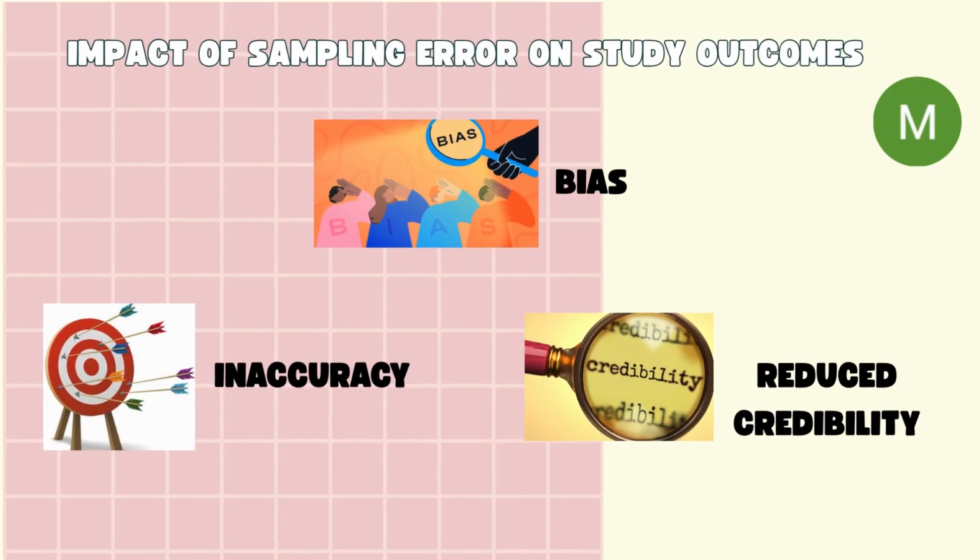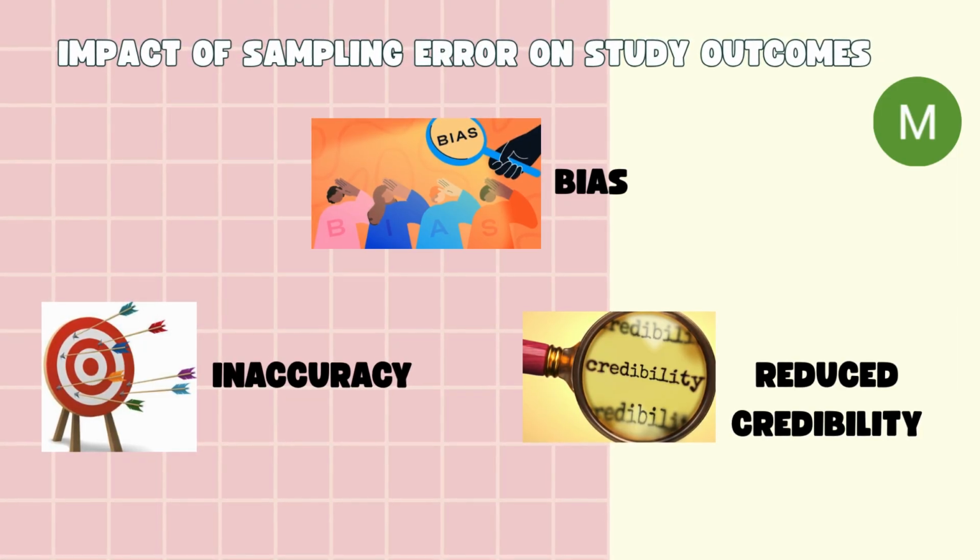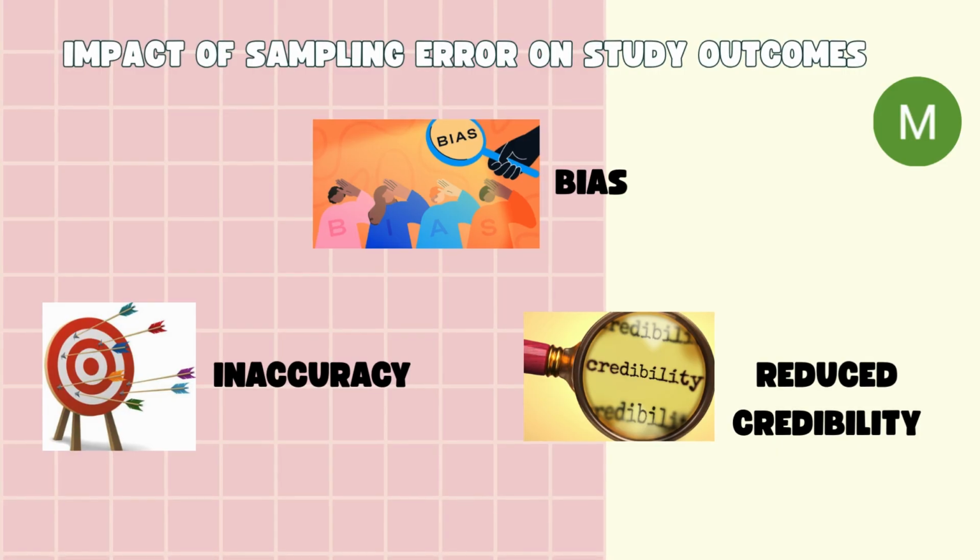Good night, everyone. My name is Malaika Headley, and I will be looking at the impact of sampling errors on study outcomes. First, I will be looking at the bias sampling. Bias sampling occurs when a sample does not accurately represent the population being studied.